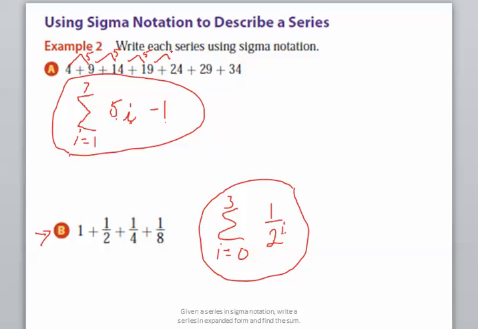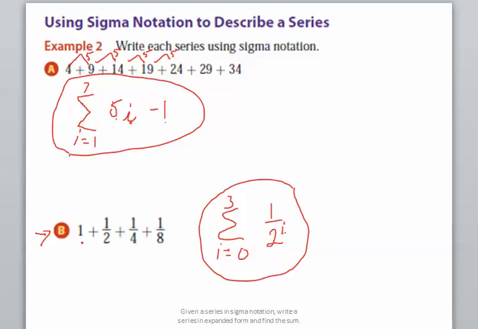But it starts with the number 4. So I started off by putting a 1 in there and said, well, 5 minus 1 is a 4. And that's how I came up with this formula. It might look like a little bit of hocus pocus, but what I'm doing is I'm taking I times 5 to find each one of the terms and subtracting 1 to get the terms that they have on their list.